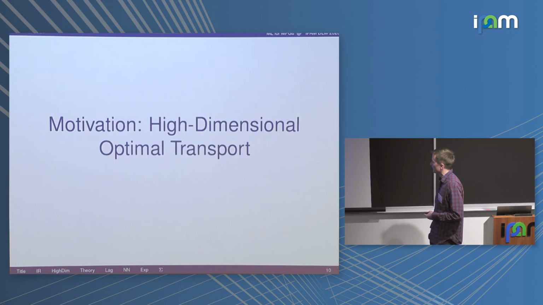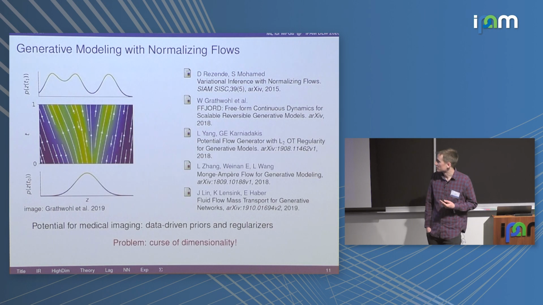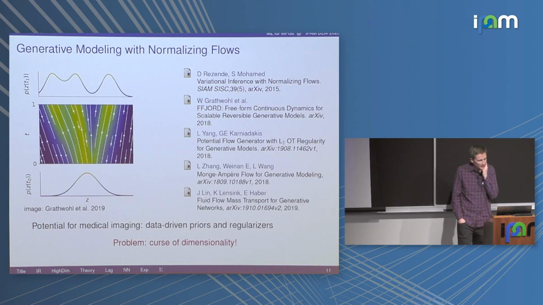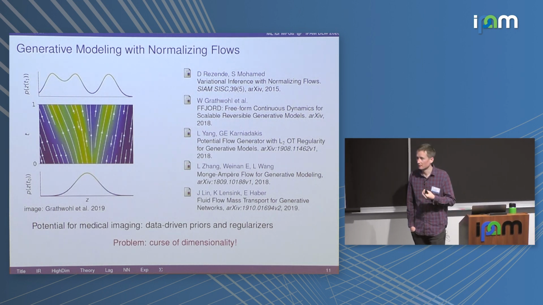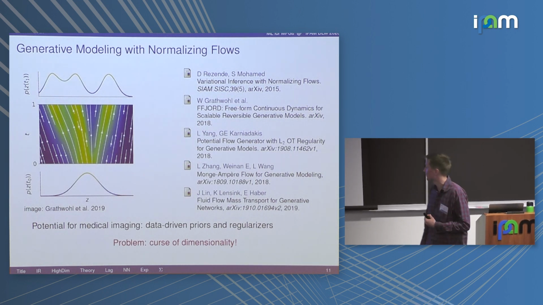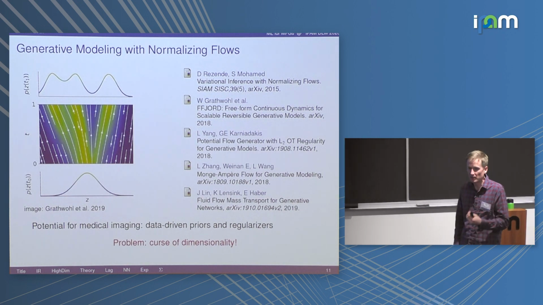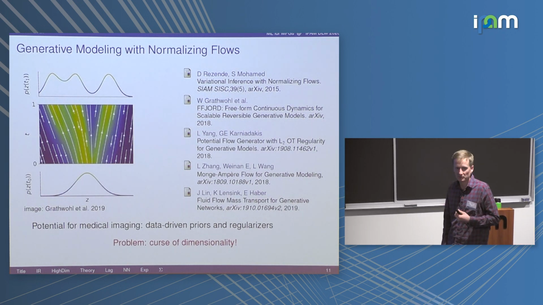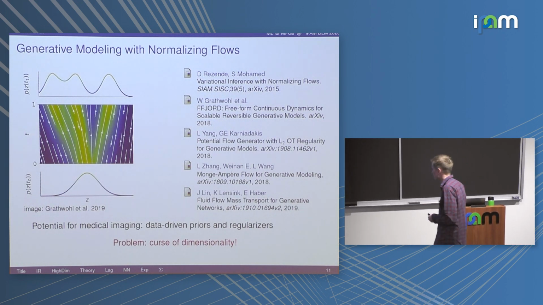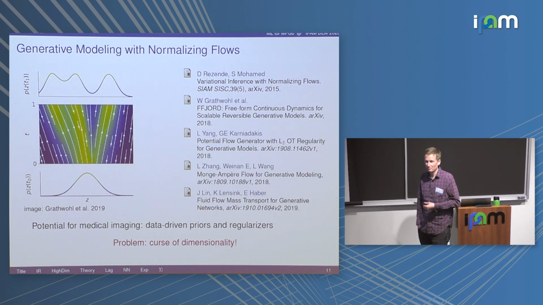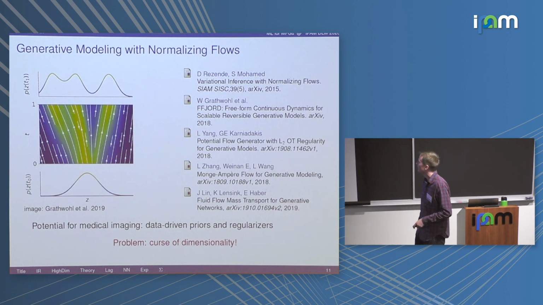So if we think about high-dimensional OT, that is something, again, hard to motivate maybe from an imaging perspective, because there are images in 2 and 3 dimensions. I would say, we understand the problems very well. There's no need to do too much work.